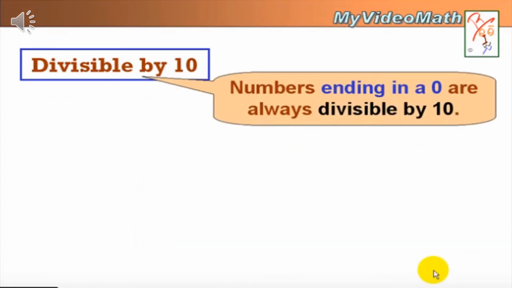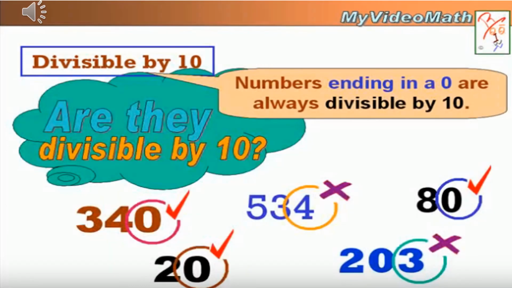Okay, we're almost done. When is the number divisible by 10? The divisibility rule of 10 is one of the easiest rules. The number is divisible by 10 when the last digit is 0. Let's take these examples. Which numbers are divisible by 10?